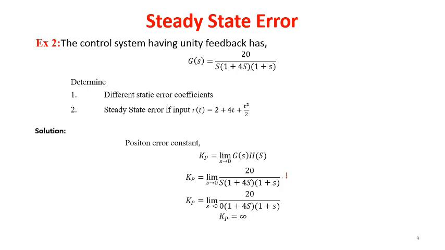Substituting s equal to 0, we get 20 divided by 0, so the Kp value is equal to infinity. This is the positional error constant.